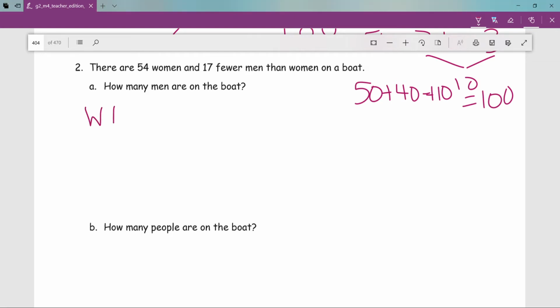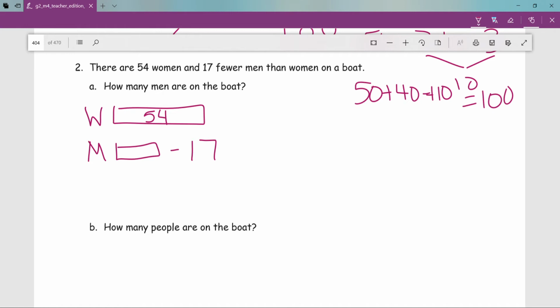We know that there were 54 of them. For the men, all we know is that there were fewer than there were women. So we know that our tape diagram is going to be shorter because we want it to be not as long as the women because there weren't as many. And we know that there were 17 fewer. So I'm going to put a little subtraction sign there.